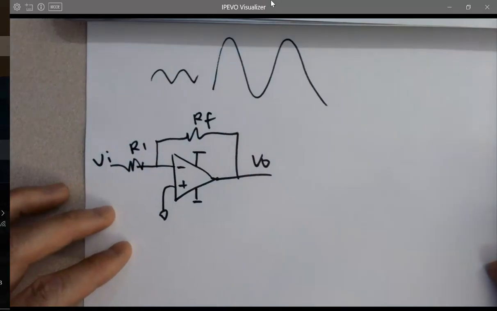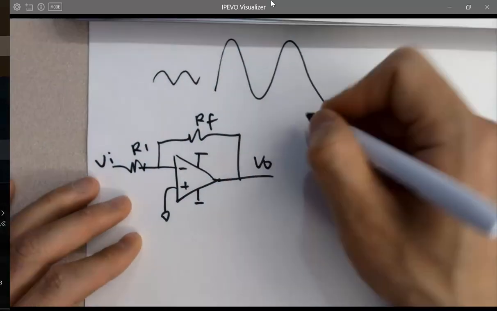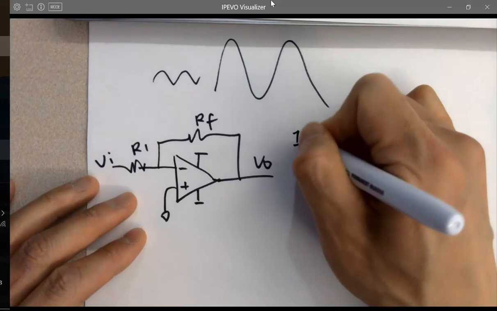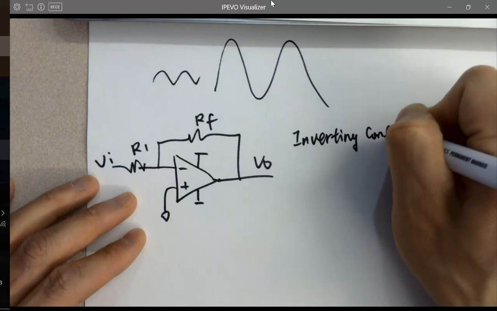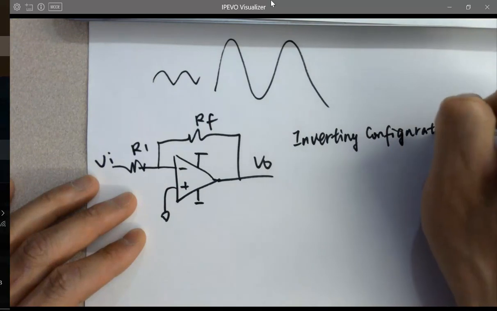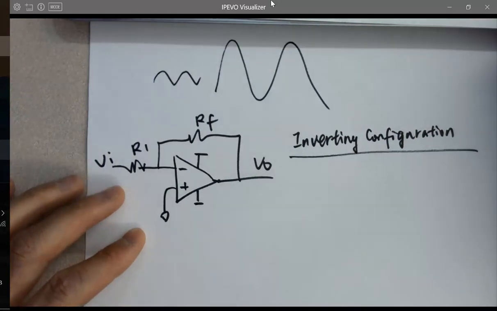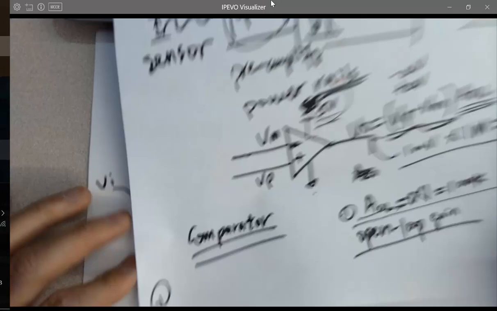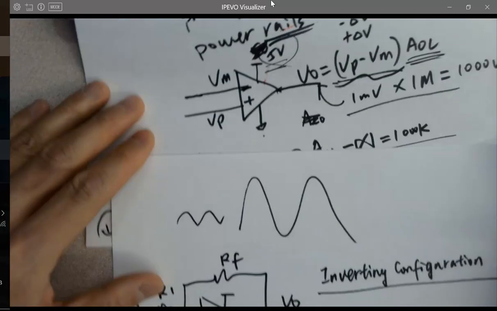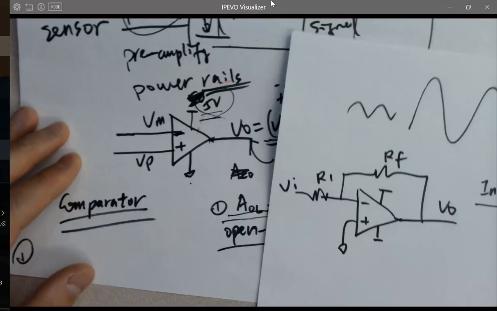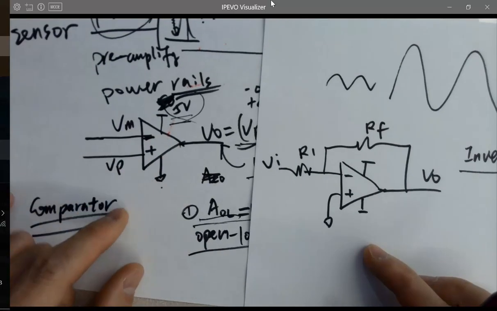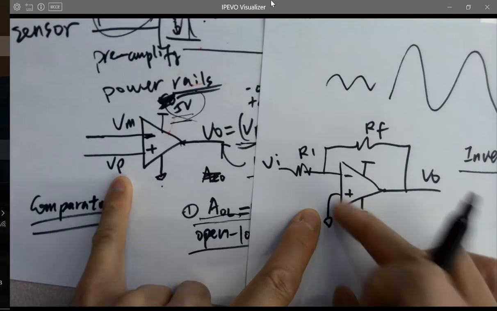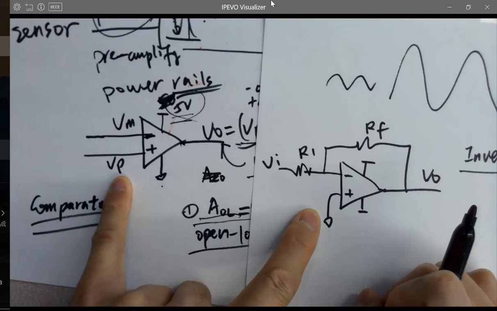All right, so this circuit is called the inverting configuration. What's the main difference compared to the comparator? It has feedback, which makes a difference.